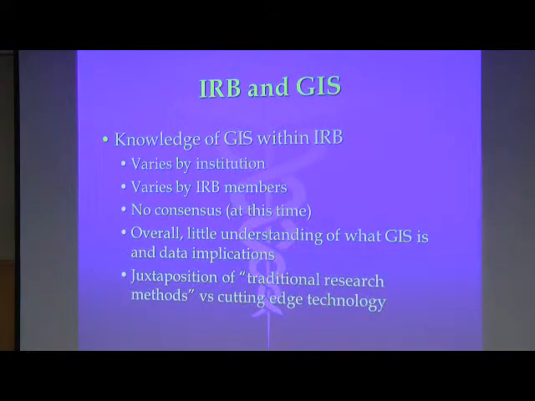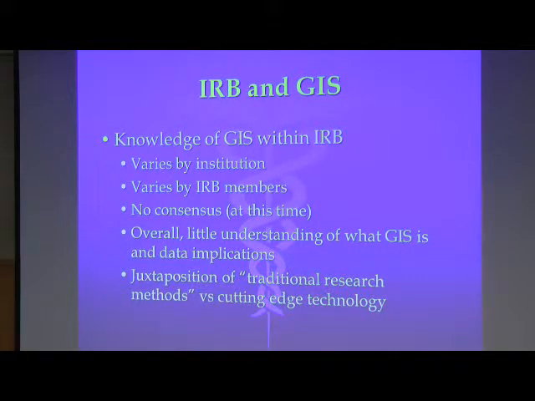So IRBs and GIS: knowledge of GIS within IRBs really varies a lot by institution, because this is a fairly new field in biomedical research. And moreover, it varies by IRB members. There's currently no consensus on how to manage geospatial data in biomedical research. And overall, there's really little understanding of what GIS data means and its implications.